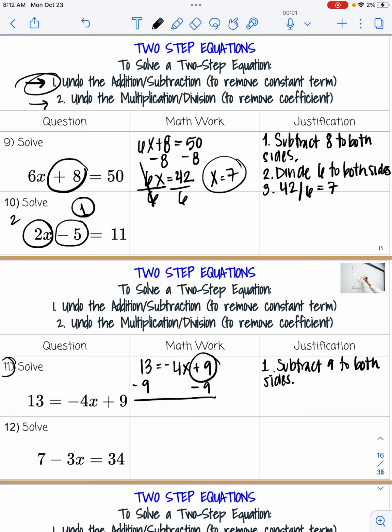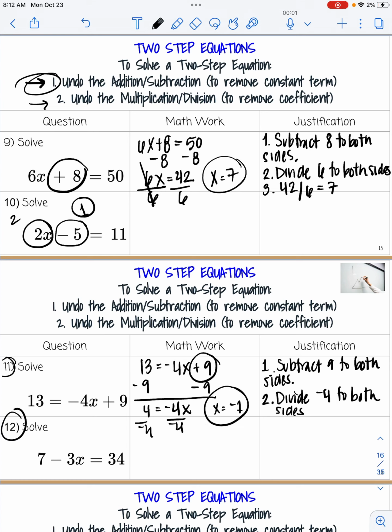And that's going to give me 13 minus 9 is 4. And then I need to undo this negative 4, which is dividing negative 4 to both sides. And if I divide negative 4 to both sides, x is going to equal negative 1.